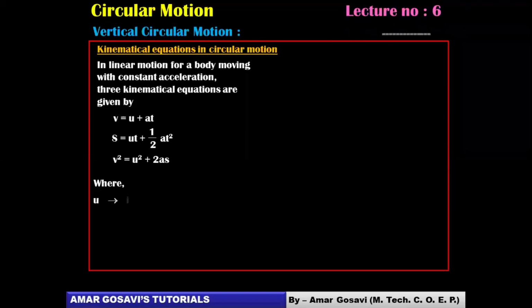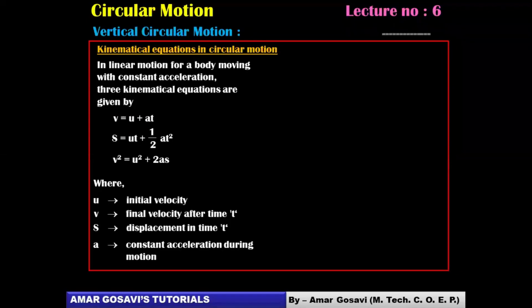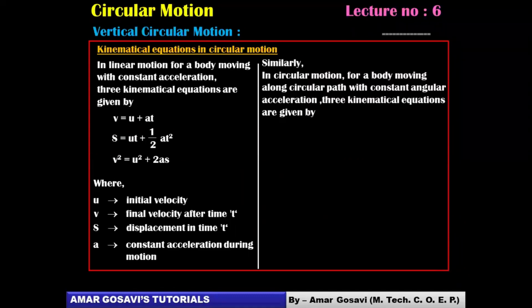In similar terms, for circular or rotational motion, which we are going to study in the subsequent stages, the three equations can be converted into angular format. Instead of V equal to U plus AT, you can put omega equal to omega naught plus alpha t.